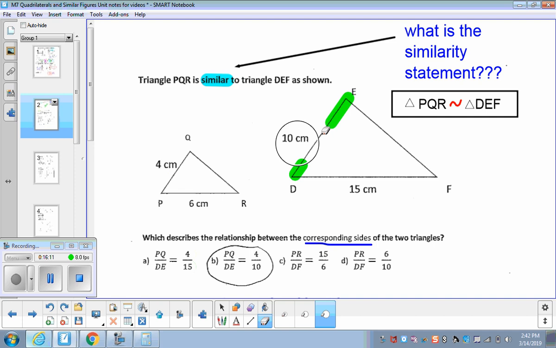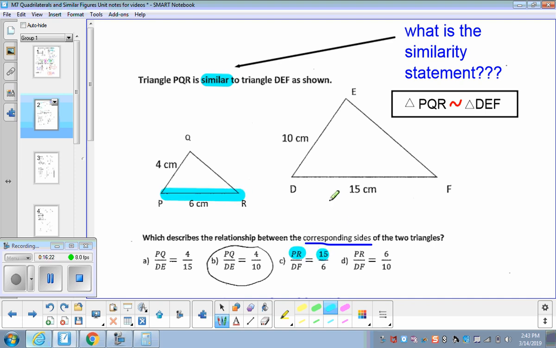Now let's look at answer choice C real quick, just so we can rule it out. Answer choice C says PR should be 15. Well, PR does not equal 15. It's automatically out. Right here, again, PQ was 4 and DE was 10, and it correctly shows that those sides corresponded to each other.